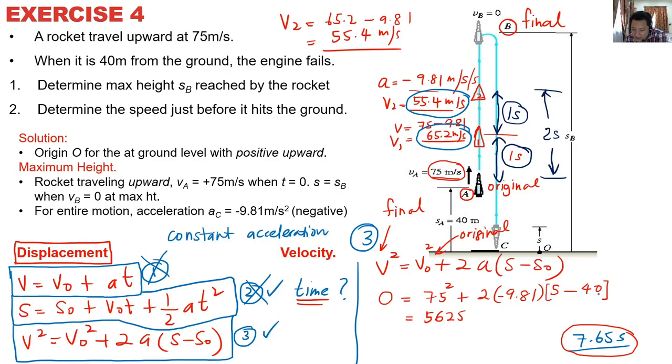S minus 40, don't know this one, plus 9.81 kali 2, 19.62. But this one is a negative, careful. Kali dengan S tolak 40.